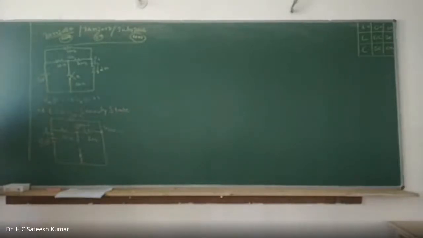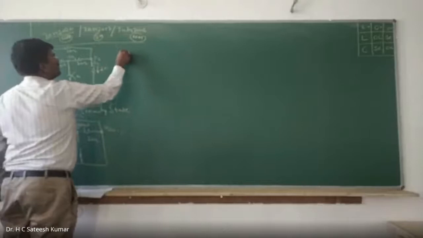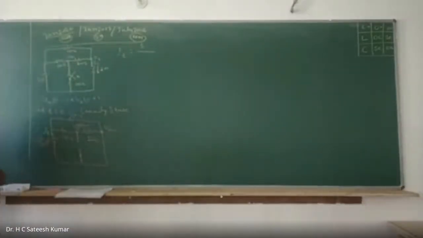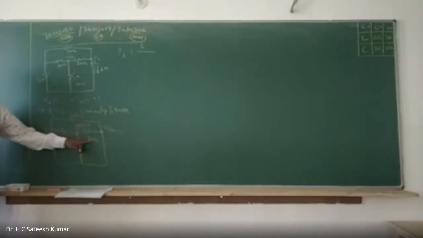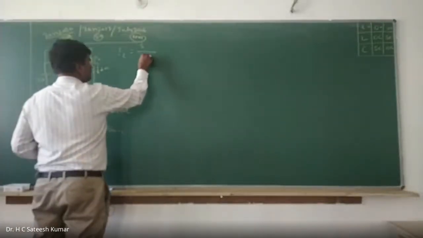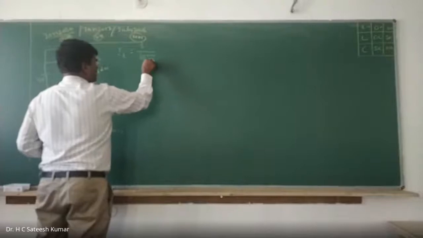IT is equal to total voltage 5 divided by total resistance. Total resistance is this 10 ohm plus 20 ohm, 30 ohm, 30 ohm in parallel with 10 ohm. Therefore, 30 parallel with 10 is 30 into 10 divided by 40.